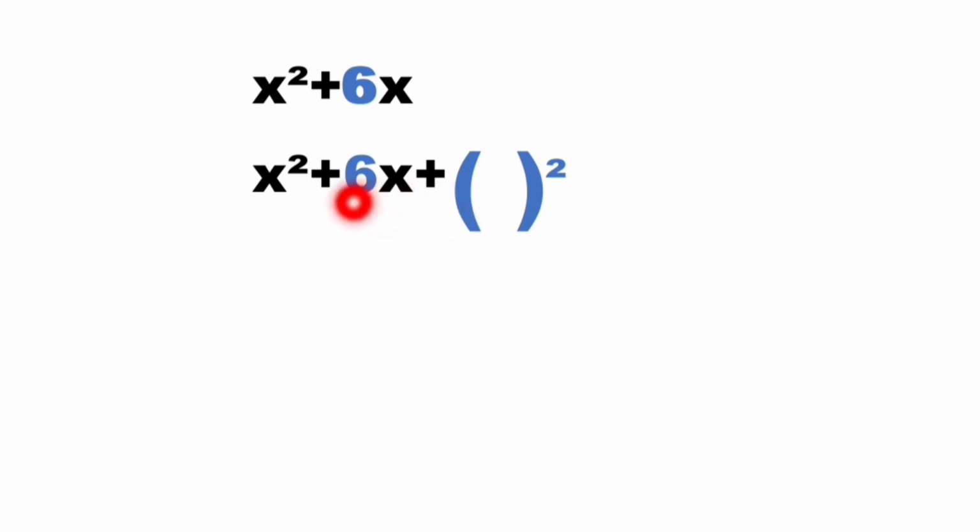So that number is from the middle term, 6, divided by 2, and 6 divided by 2 is 3. Then 3 squared is 9. So we now have a perfect square trinomial, x squared plus 6x plus 9.